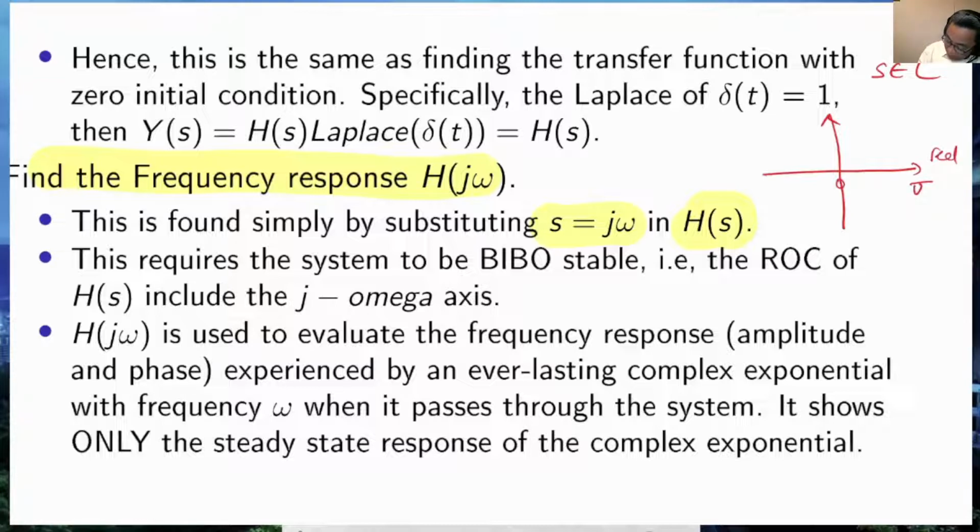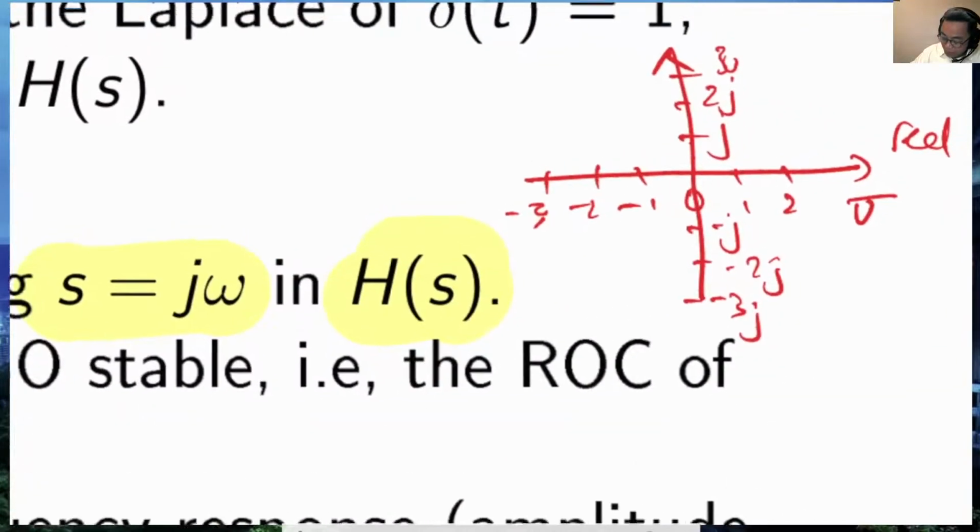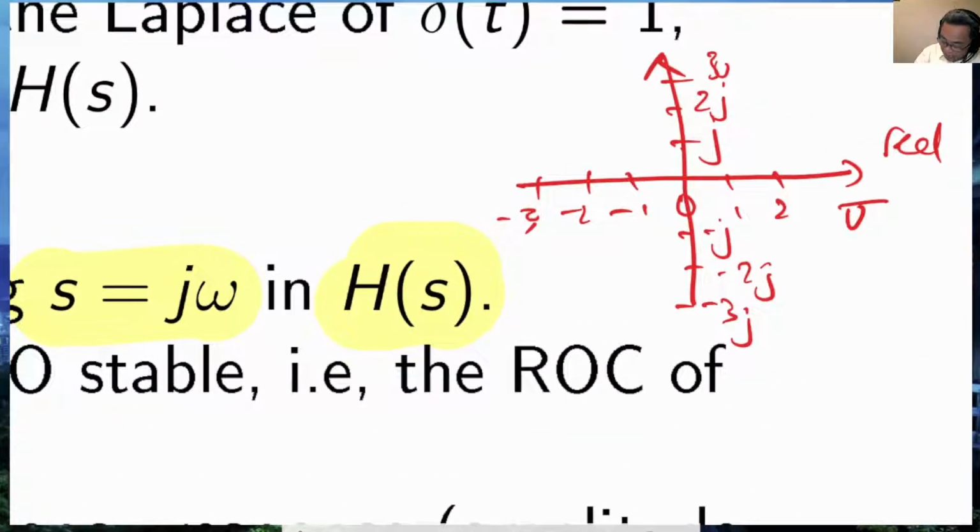So this is 0, this is 1, this is 2, this is minus 1, minus 2, minus 3. And this is j, and 2j, and 3j, and so on, minus j, minus 2j, minus 3j. This 2D surface is the complex plane.